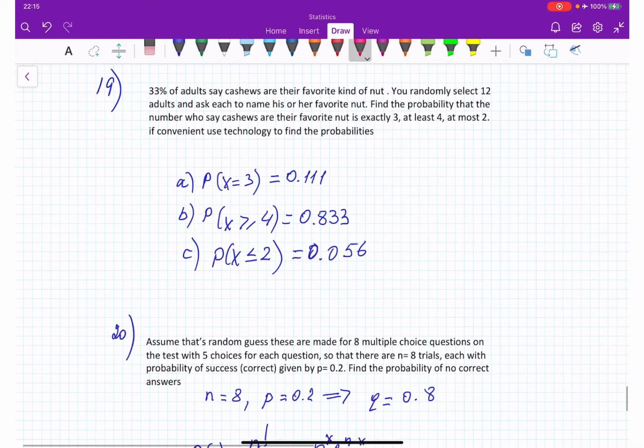Question number 19. So we have 33% of all adults, probability is equal to 0.33, which means Q is going to be equal to 1 minus 0.33.